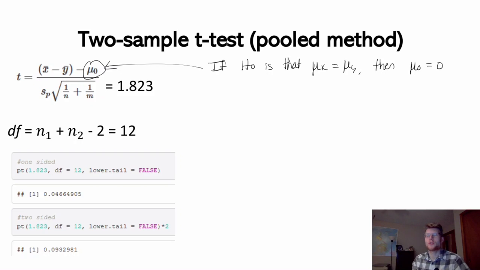So in other words, if we're assuming the null is that the two means are the same, then there is no constant added to the numerator, right? It's just going to be x bar minus y bar as part of our test statistic calculation.